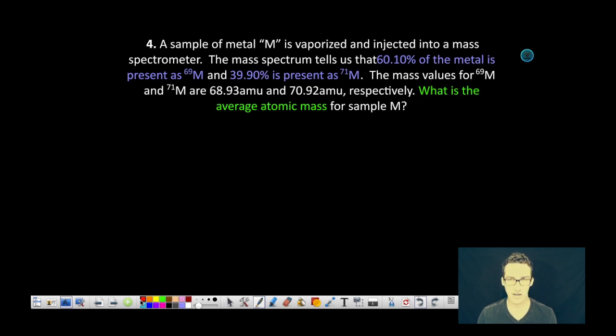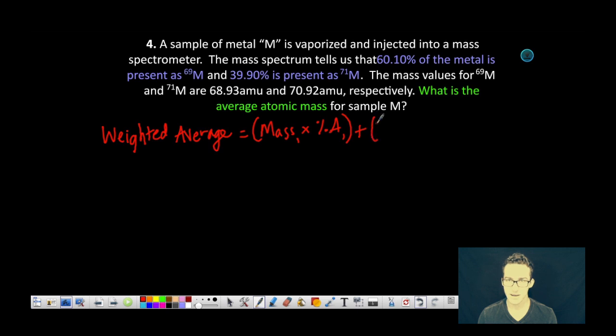Well, this is straight up, do you know the formula? Can you plug the things into the formula and solve? Our formula for a weighted average is equal to the mass of isotope 1 times the percent abundance of isotope 1.